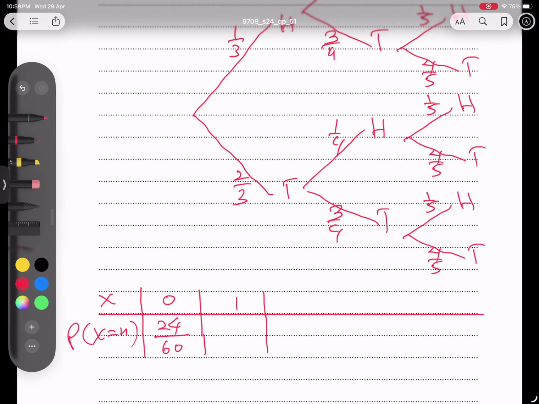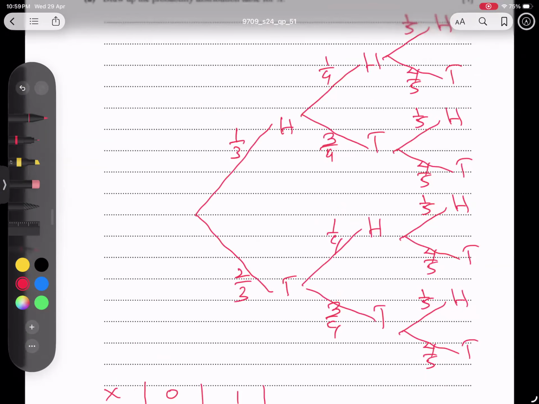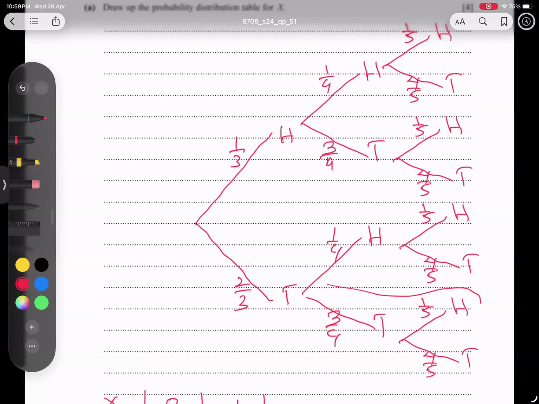Now talk about one head. One head, how to do it, students? Check it, we have those branches when one head comes. So this one is one head. I put arrows, one head. In this branch we have one head, and in this branch we have one head. So the best idea, I will multiply the numerators and add them.